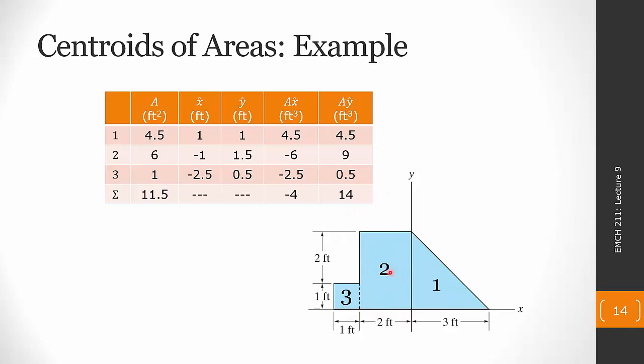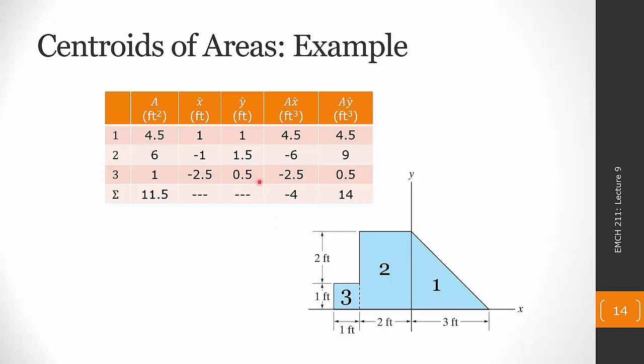So from the x-axis, we're going to have to go along the positive y direction 1.5, and that's where the positive 1.5 comes from. And for shape number 3, it has a total height of 1 foot, so it's going to be half of that from the bottom, so 0.5 feet. So as measured from the x-axis, we go positive 0.5 in the y direction, and we get 0.5.